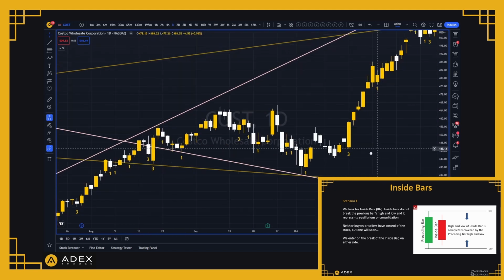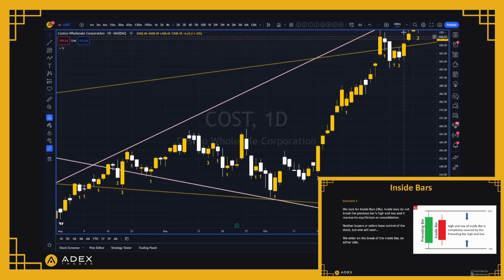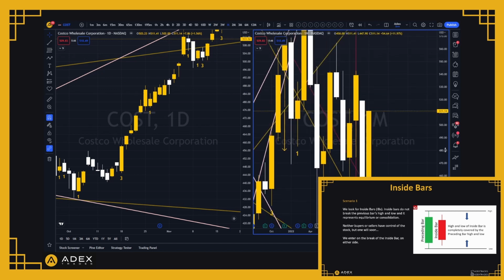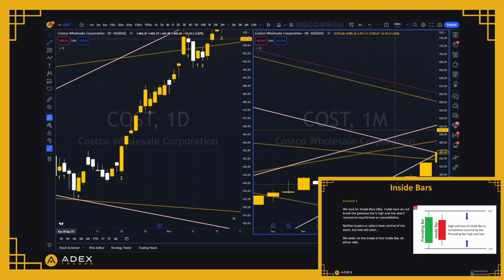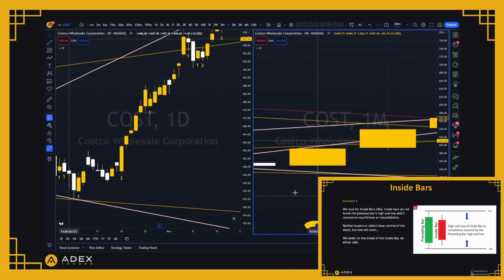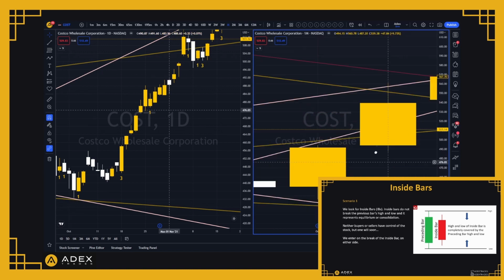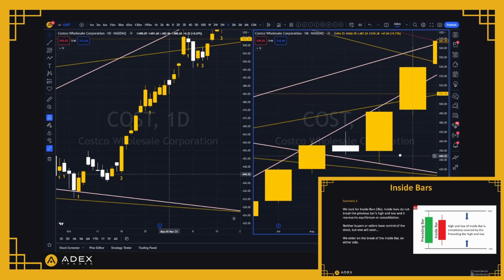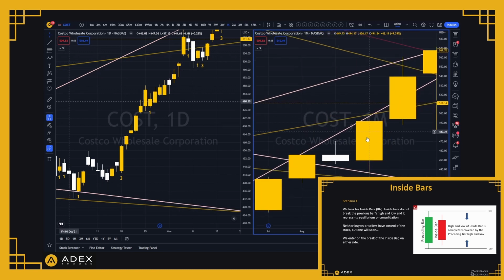Okay. So Costco on the month right here, right? You see this 3 bar? Remember how we talk about this is evidence of a broadening formation? Because this high is connected to a higher high, this low is connected to a lower low.